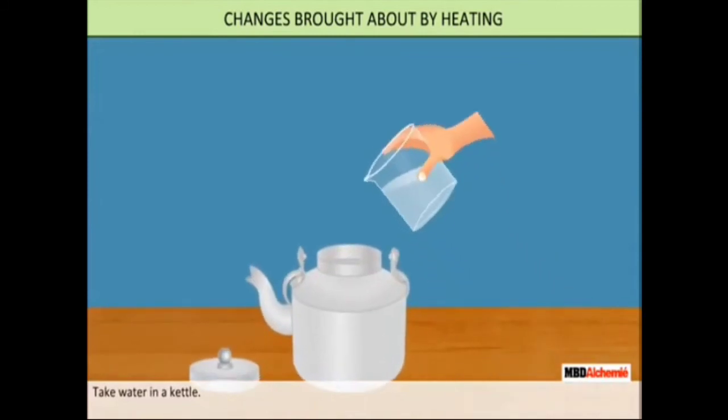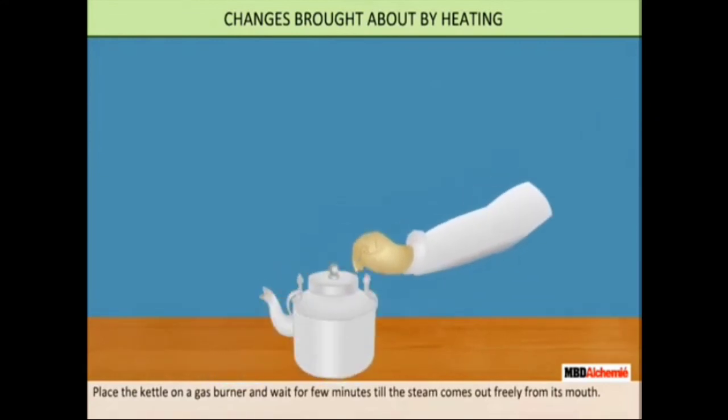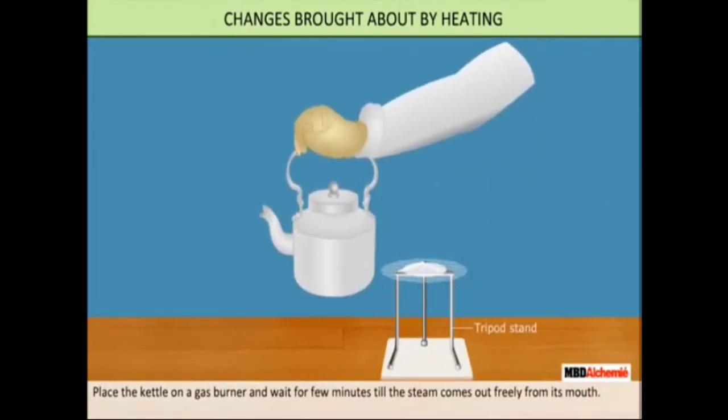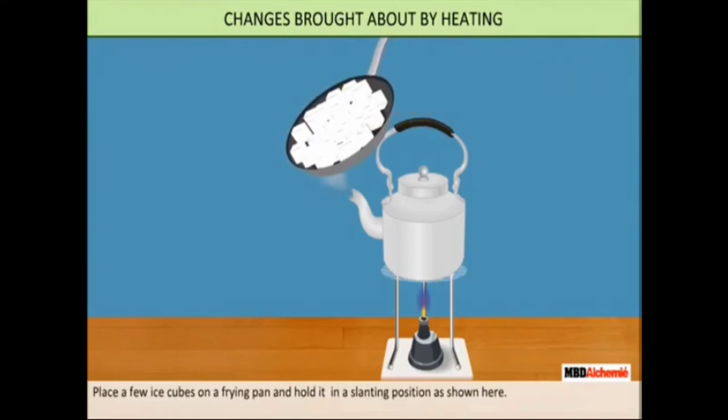Now, take water in a kettle. Place the kettle on a glass burner and wait a few minutes till the steam comes out freely from the mouth. So the water, which is in the liquid state, has changed into water vapor. Place a few ice cubes on a frying pan and hold it in a slanting position as shown here. What will happen?